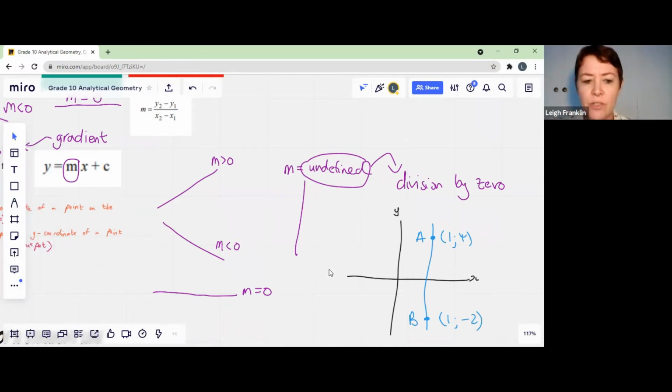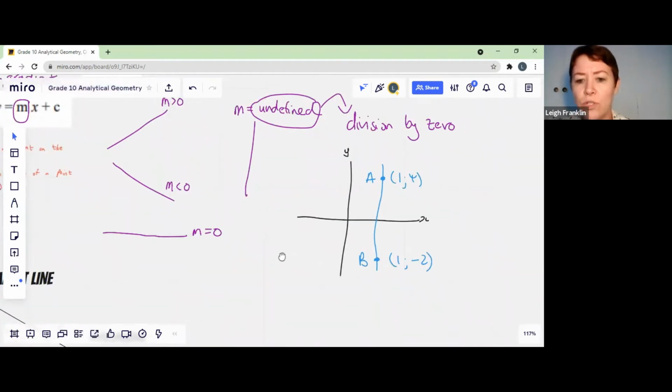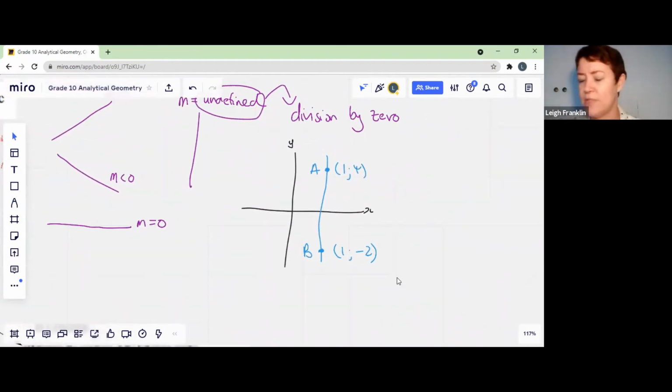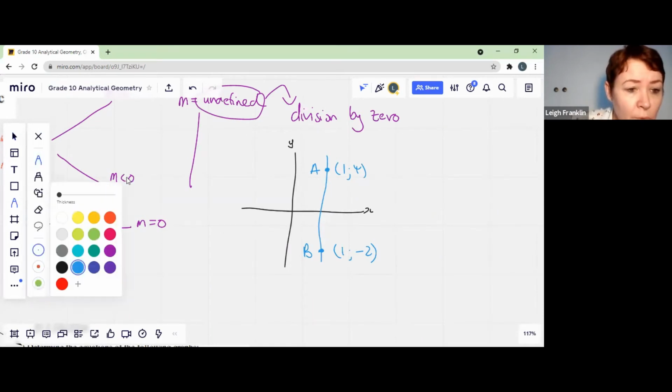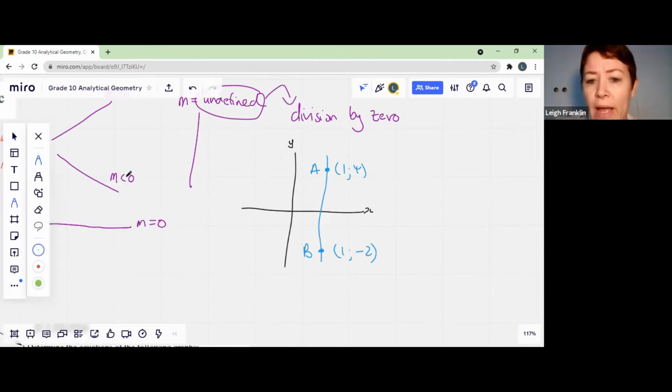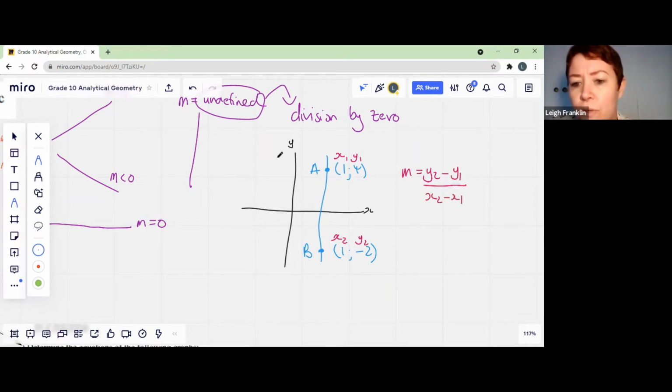Now, let's pretend we want to work out the gradient of this line. So we'll do what we've always done. We label: this one x1, this one y1, this one x2, this one y2, we write down our formula for gradient, and now we substitute.